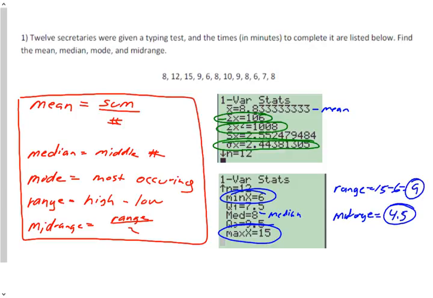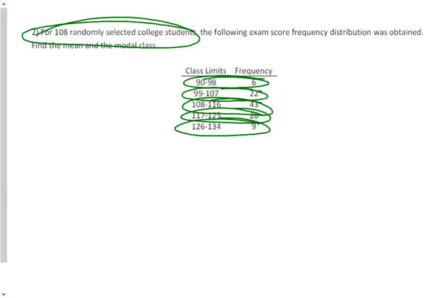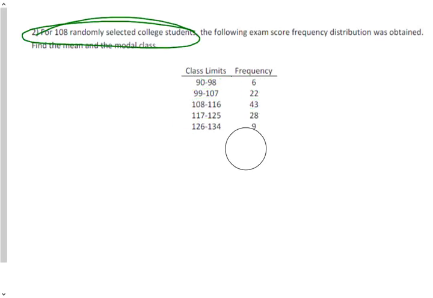So let's not forget that mode does exist. Here, the modal class is the class that has the most data. So the modal class is right here. So you would just write that the modal class is between 108 and 116.